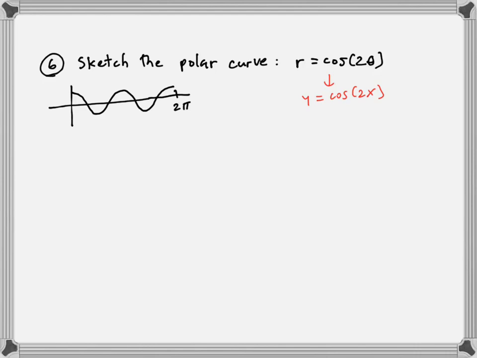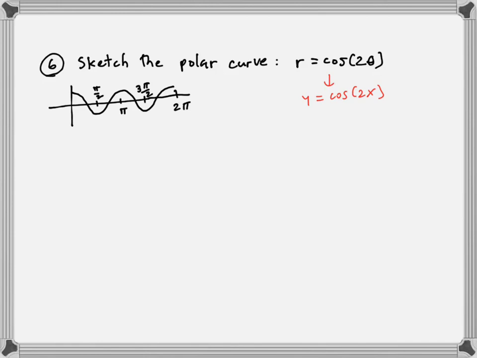Right? That's because the period is just pi for this cosine curve. Okay? So this would be pi, right? That's halfway. And then this would be 3 pi over 2. And then this guy would be pi over 2.